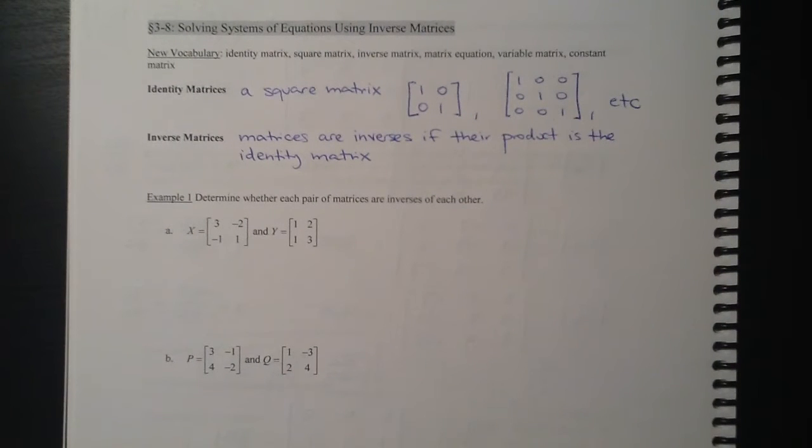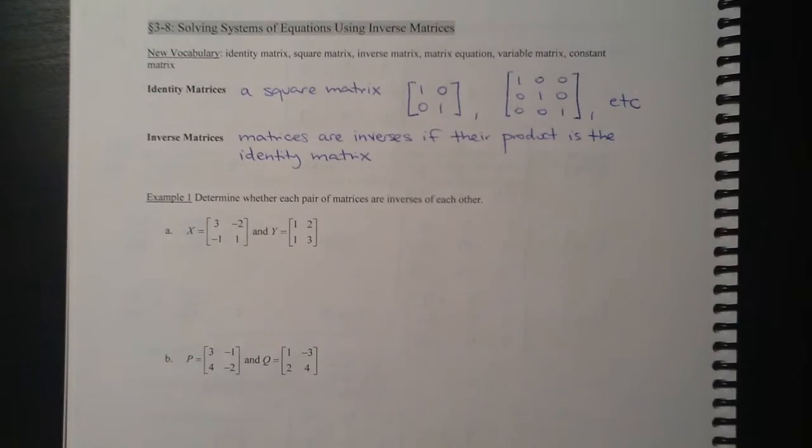Two matrices are inverses of each other if their product is the identity matrix. So think of inverses of numbers. Like we said that 4 and 1/4 were inverses of each other because when you multiply them together you get 1. 1 is the identity number.